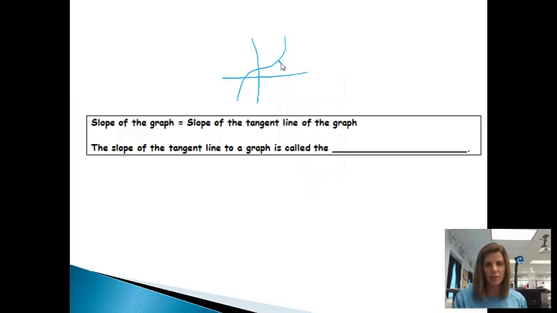Just have to do a line for that. Basically what we're doing, we're looking for the slope of the tangent line. So we really don't want the line to go through the graph in more than one spot. So we're basically finding the slope of that tangent line when we're doing this. And the slope of the tangent line to a graph is actually called the derivative. Woohoo, we're into derivatives now.